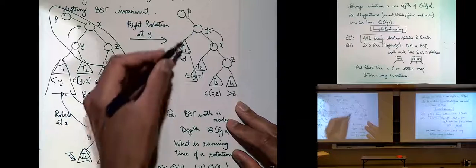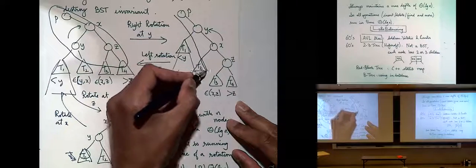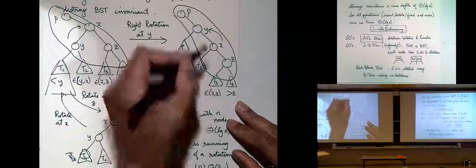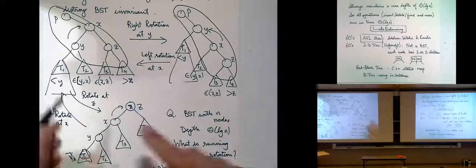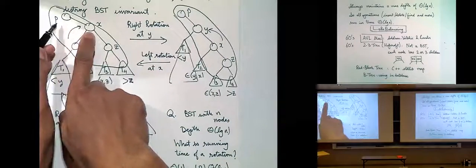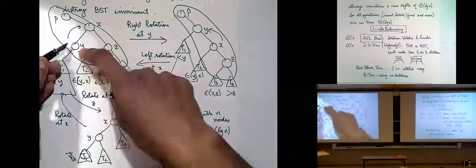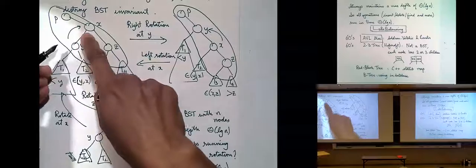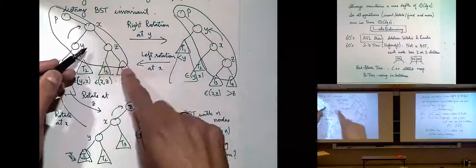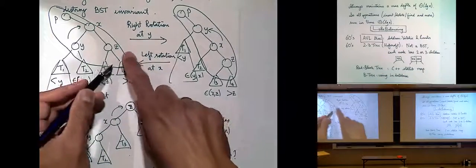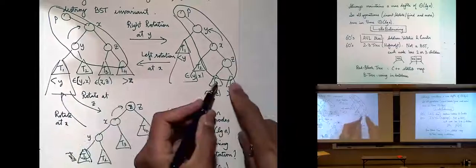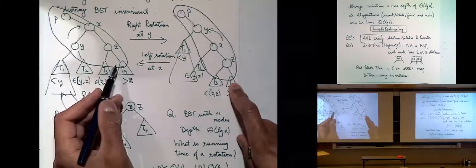These are the only nodes that are changing pointers. So P has to change its child from X to Y. Y has to change its parent and one of its children. X has to change its children and its parent. And the same with Z. Actually, T3 and T4 don't have to change anything at all.